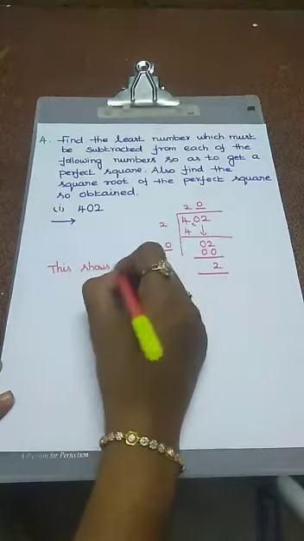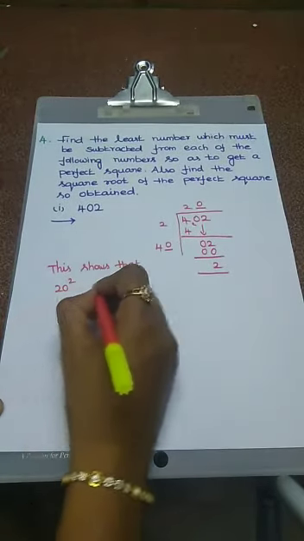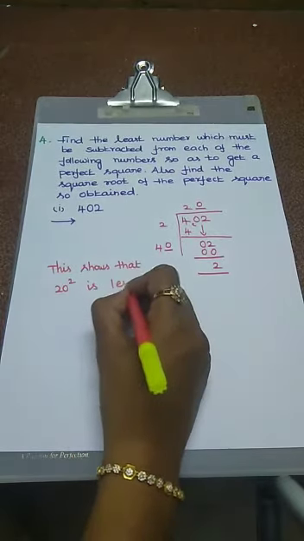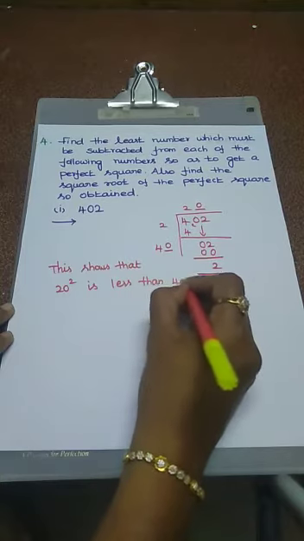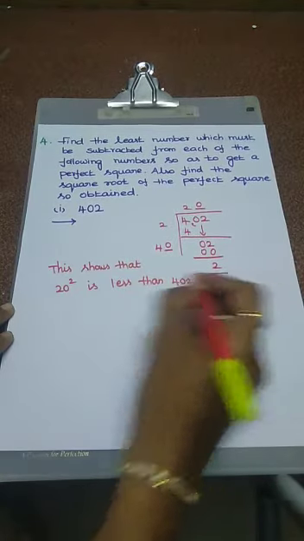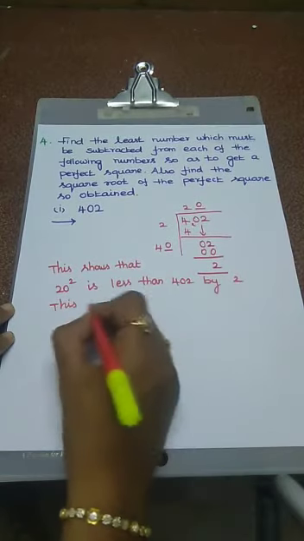This shows that 20 square, that is 400, is less than 402 by 2. This means if we subtract the remainder from the number, we get a perfect square.